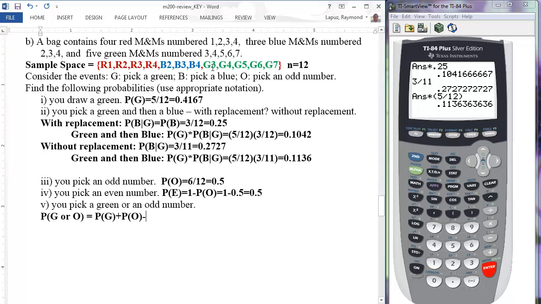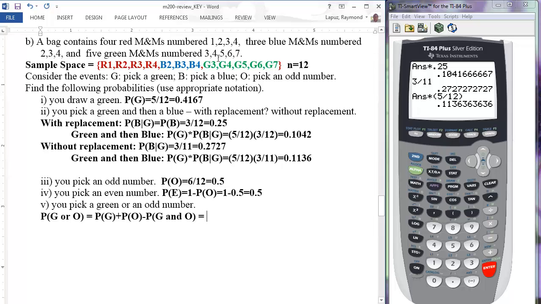Now there are several green M&Ms with odd numbers on them, so we're counting them twice, and we want to make sure we uncount those. So we're going to subtract out the probability that we select a green and an odd number.